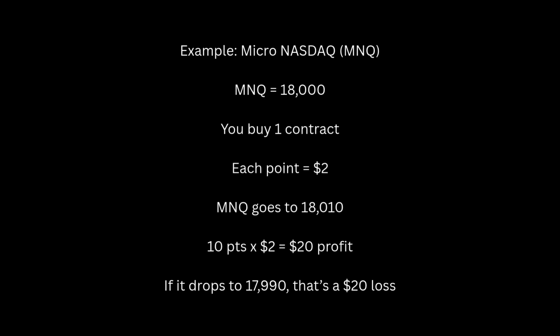However, when you are trading micro NASDAQ, the pullback could be a $40 pullback. If you have a stop loss of $20 set, but the pullback is 40, now you've stopped yourself out of your trade.